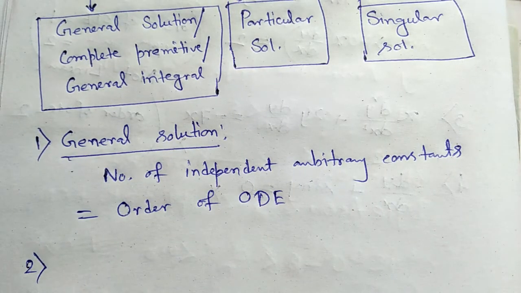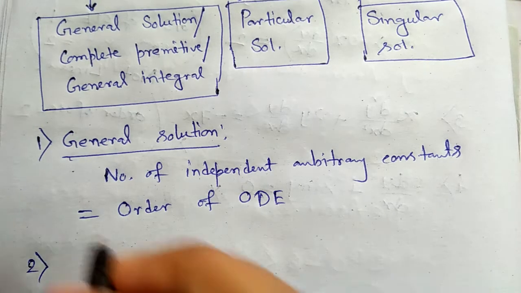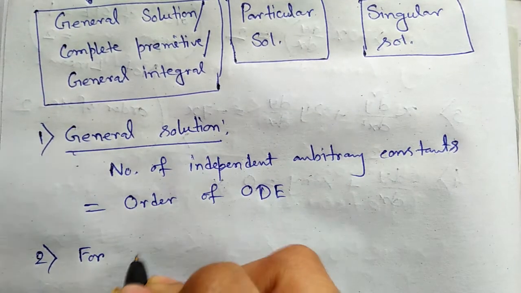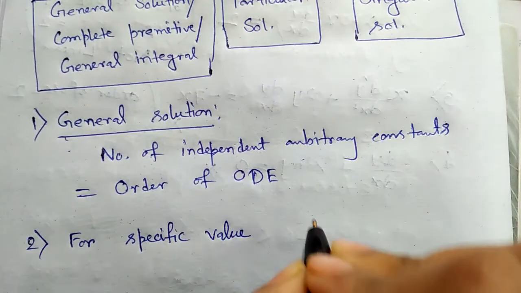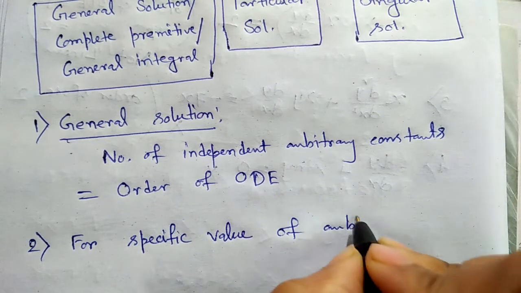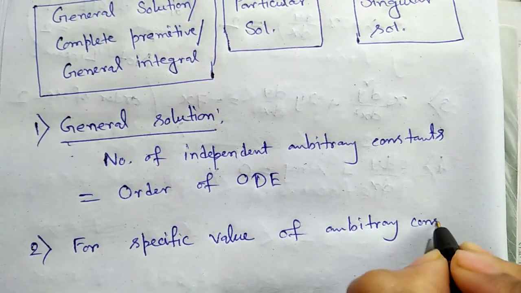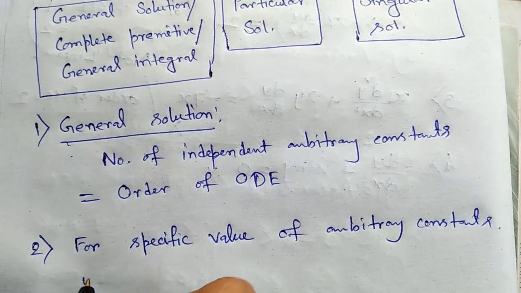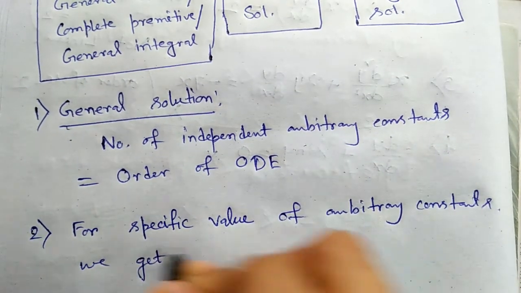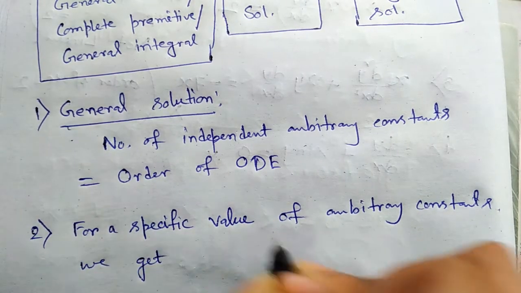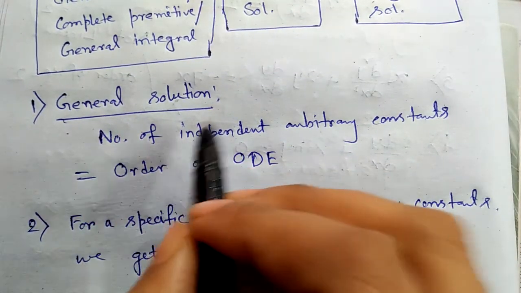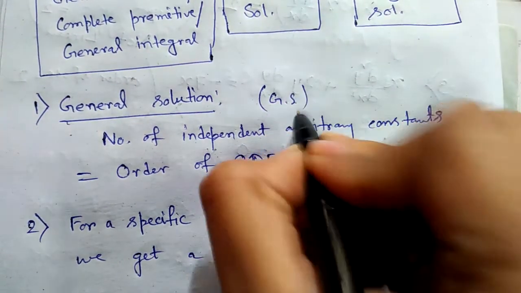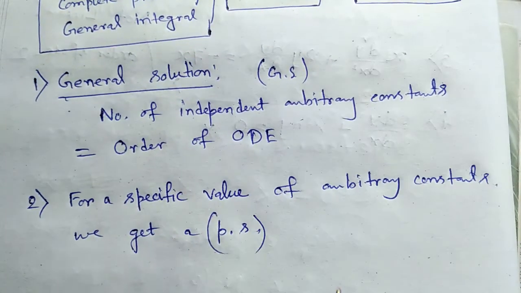For each particular value of arbitrary constant, we can get a particular solution, or PS. General solution can be written in short form as GS for our self reference.